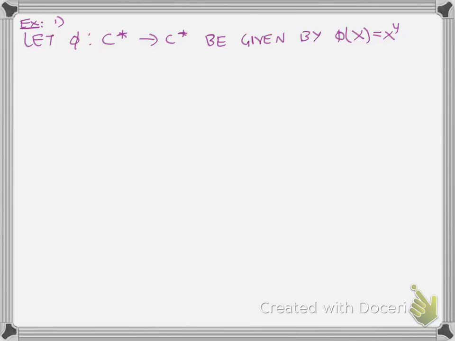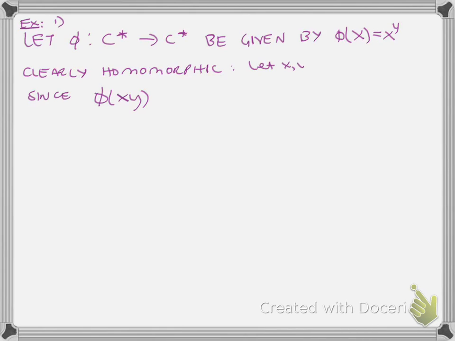I'm going to show it's clearly a homomorphism, since phi of xy, and again we can let x and y be two elements in C star, equals xy to the fourth.